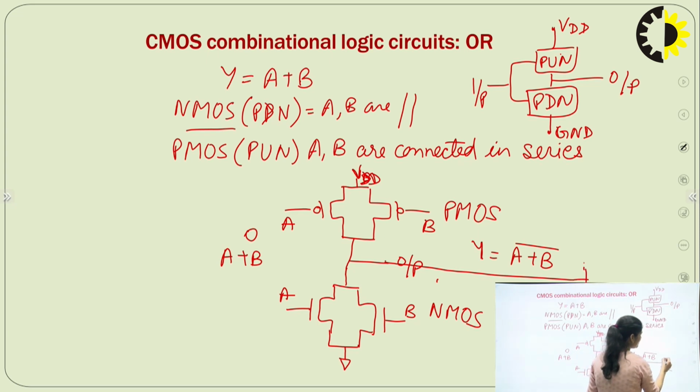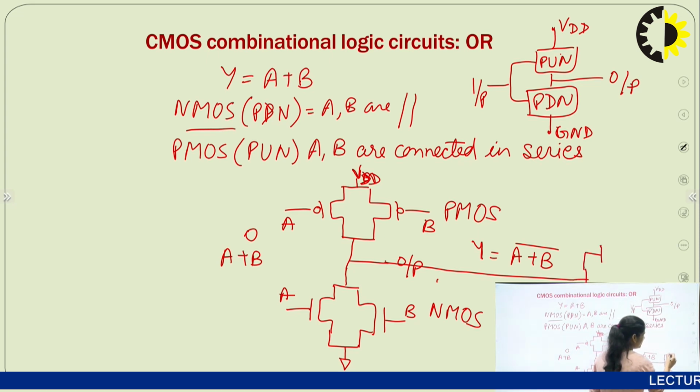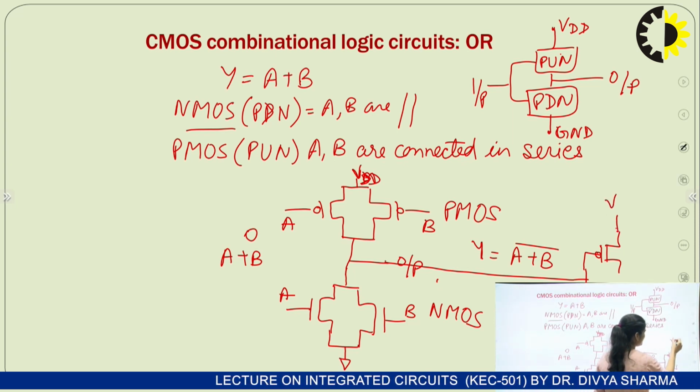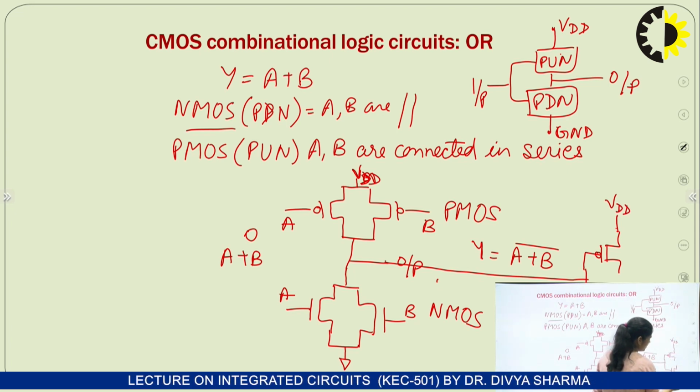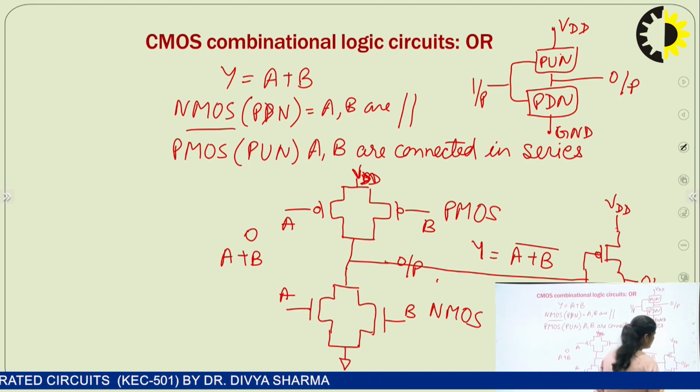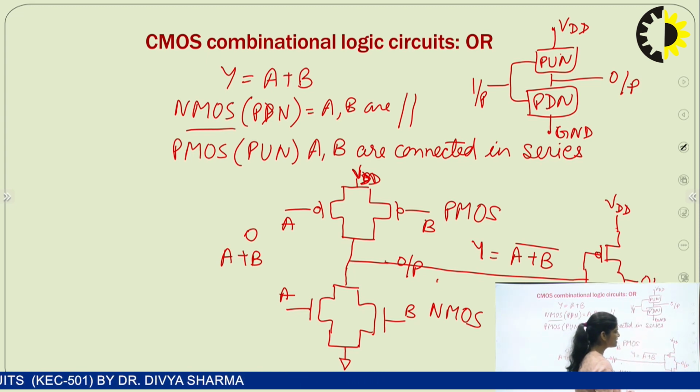CMOS means this is your PMOS, this is your NMOS, this is connected to VDD, and this is connected to ground. You will get output here. Now this is the CMOS inverter.